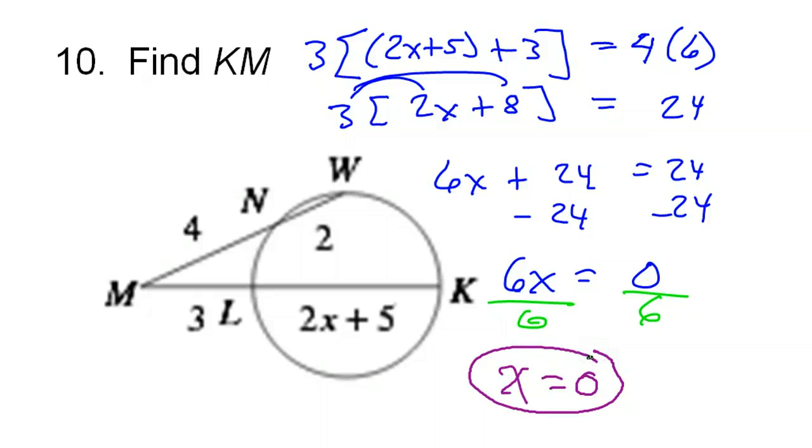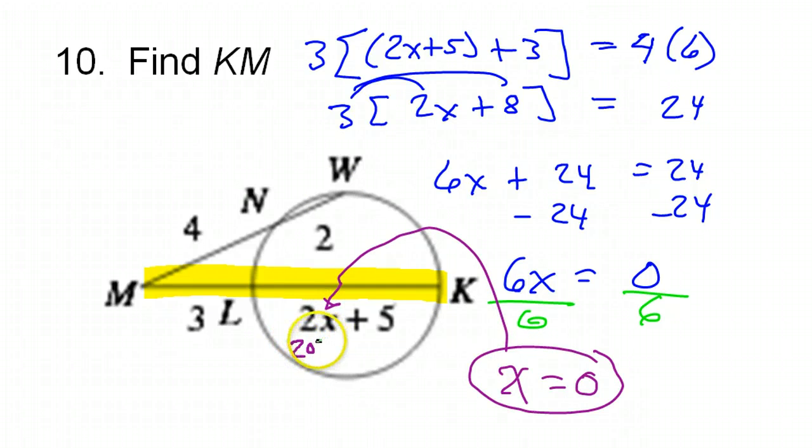But that is not the final answer. We're supposed to find the length of Km. And that's this whole thing right here from here to here. So we're going to take that 0 and plug it in right there. This is 2 times 0 plus 5. That's just 5. So please understand that 5 is this distance from here to here.